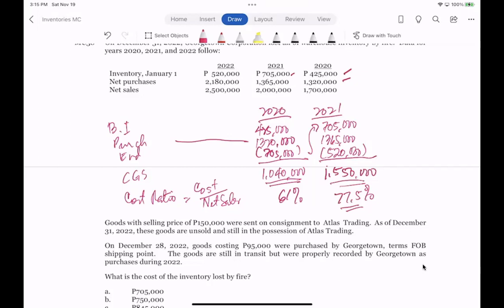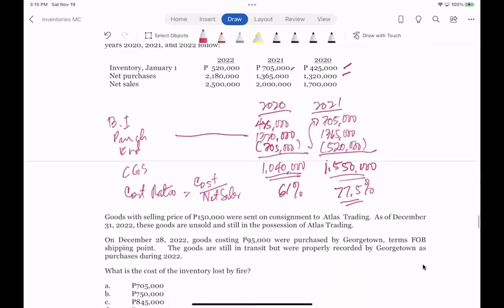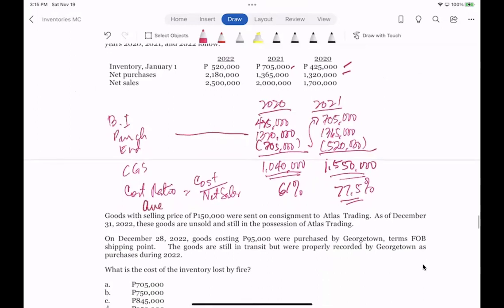Just validating. Okay, so your average cost ratio is 61 plus 78 divided by 2.